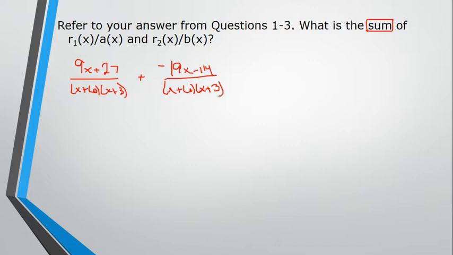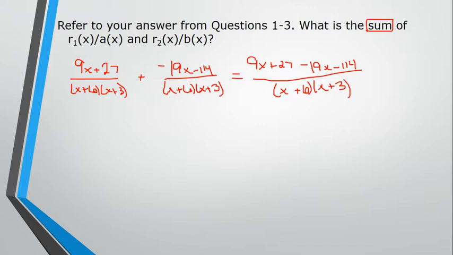So remember, when you add two fractions together, as long as they have the same denominator, you can add what's on top, and the denominator stays as it is. So since we have the same denominator because we found the LCD, we can add across the top. So we're going to end up with 9x plus 27 minus 19x minus 114 all over our LCD.